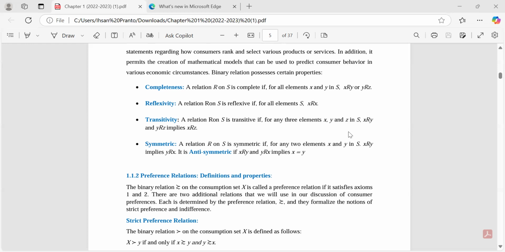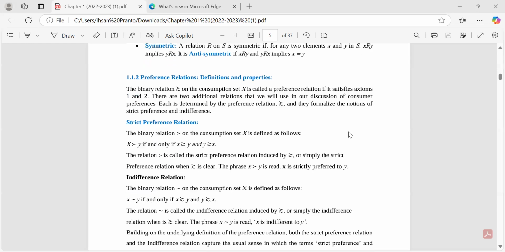Mainly in utility functions, a mathematical representation where higher utility values correspond to more preferred bundles. In indifference curves, a graphical representation showing combinations of goods that provide the same level of satisfaction.